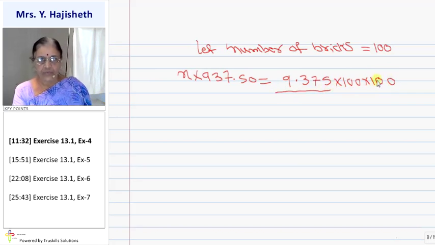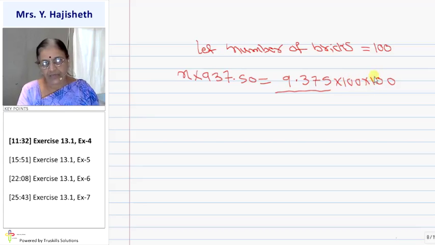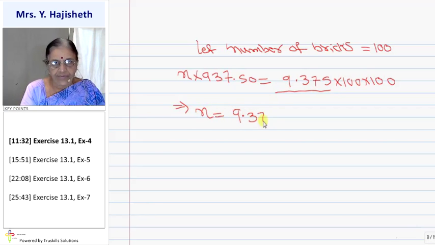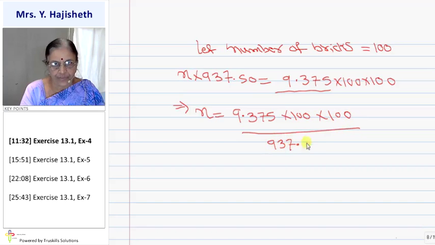So meter square is to be converted in centimeter square. So I should multiply with 100 and 100. So my n will be 9.375 into 100 into 100 divided by 937.50.